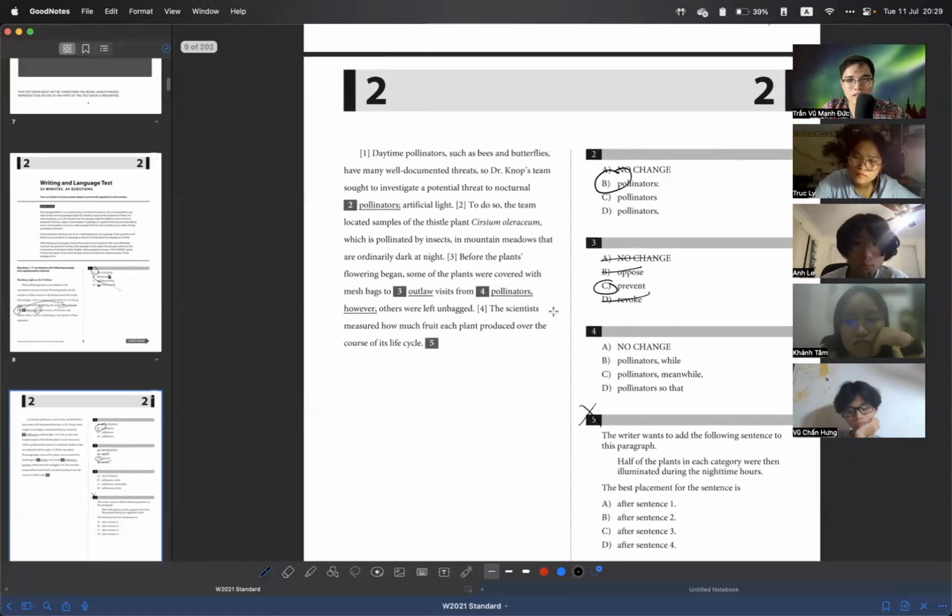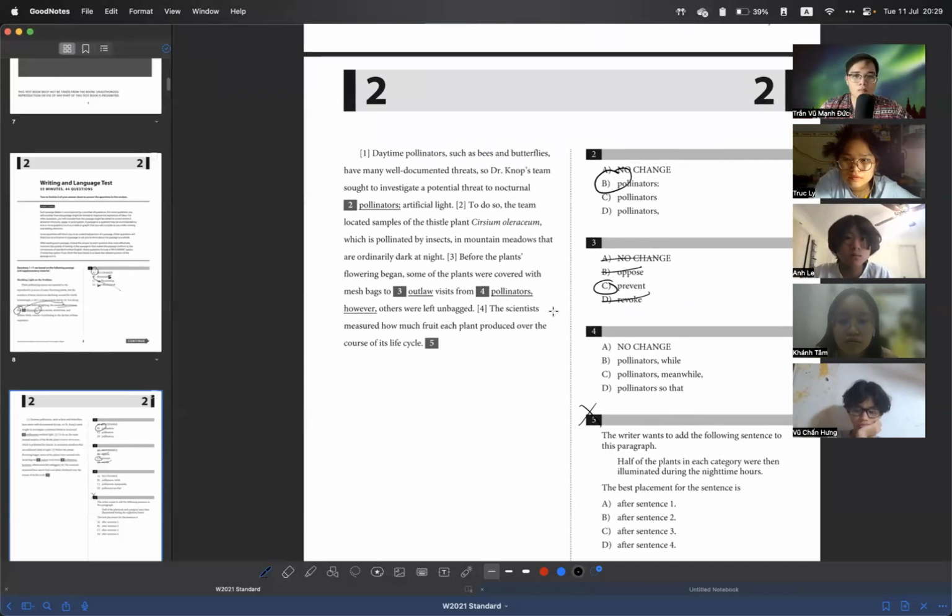And next up is Lina. The fourth question, please. 4B. Let's see. Visits from pollinators. Yes, exactly.